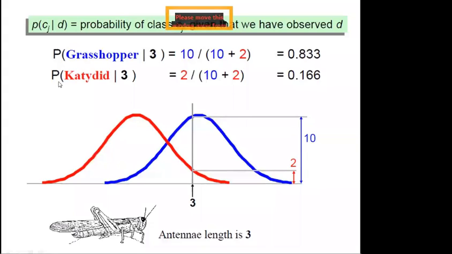The probability of it being a katydid is 2 divided by 10 plus 2, which is 0.166. So if the antenna length is 3, it is probably a grasshopper, because its probability is higher.